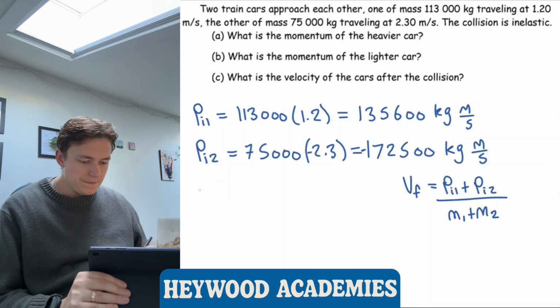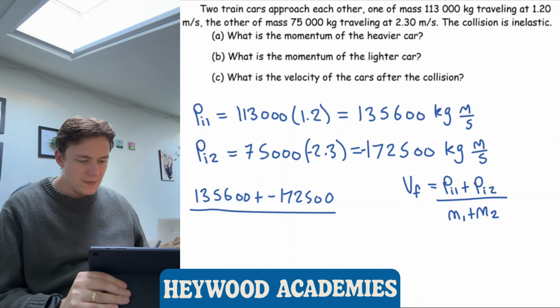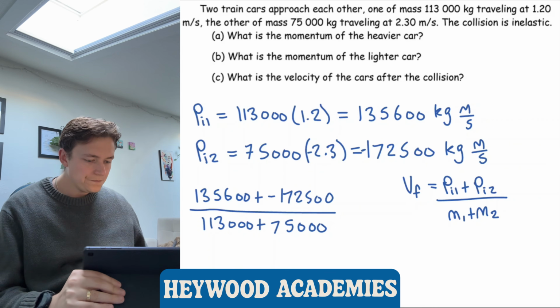Now we can plug those in. 135,600 plus negative 172,500 divided by the sum of the masses, 113,000 plus 75,000.